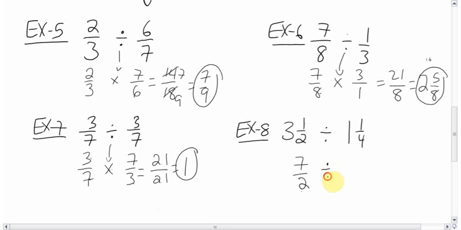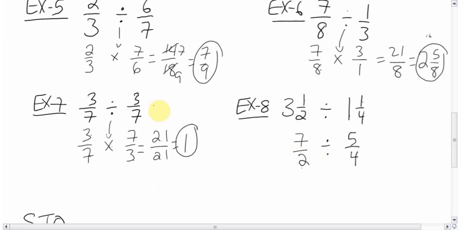Let's first just change this to improper fractions, then we'll do the multiply and flip. 4 times 1 is 4, plus 1, 5 over that same 4. Okay, now this is where we were at with the other questions. Leave the 7 over 2, change this to a multiply, flip this to 4/5.